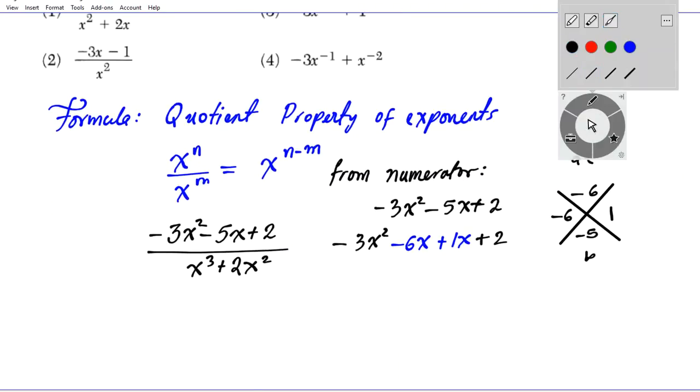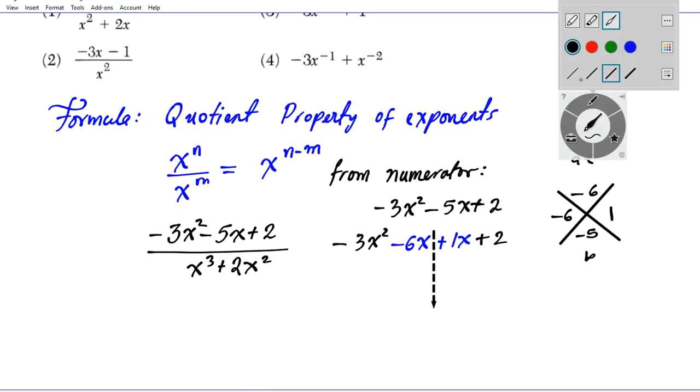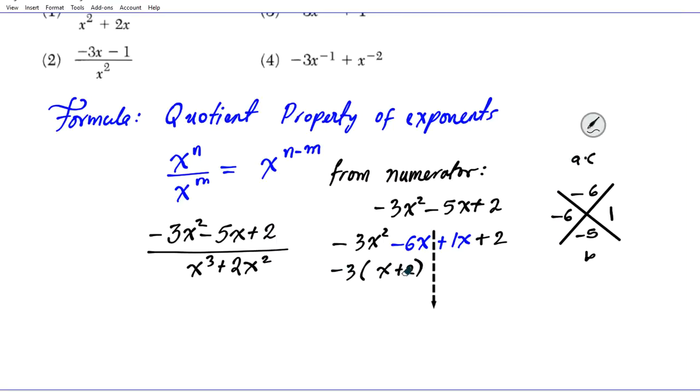So I'm going to divvy up my quadratic polynomial with 4 terms down the center. And then now I'm going to see what I can factor out from the first 2 terms. The GCF there is negative 3x. So you'll be left with x plus 2. Remember, anytime you factor out a negative, the signs flip. Okay? Now factor out a 1 and you're left with x plus 2.